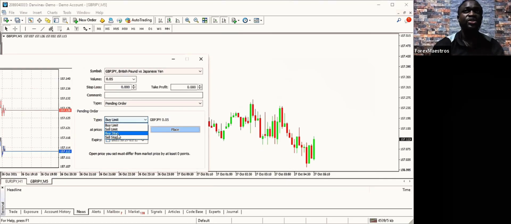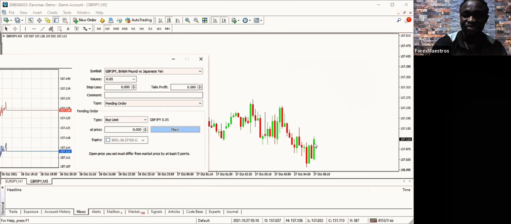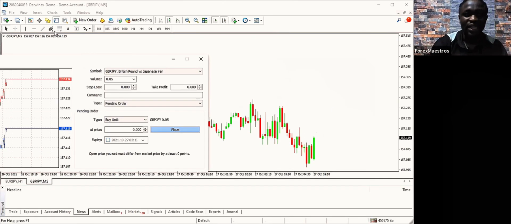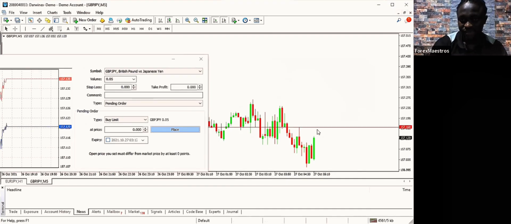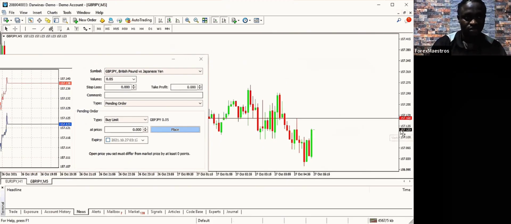Your buy stop is, you're saying, as this price is going, a good example is, let's look at this movement now. Price is going, you're saying, I suspect that this price will get to this place. Okay, this is my horizontal line. Price is going to get to 157.160.